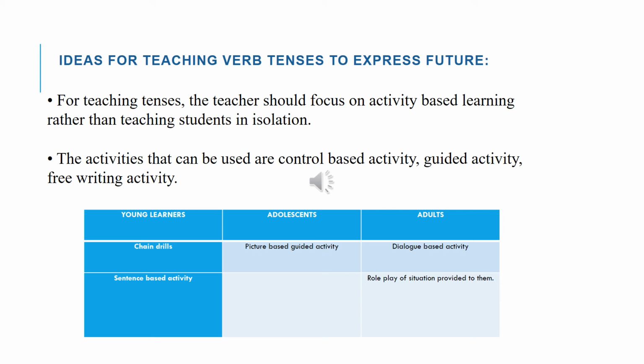So what the teacher can do is provide a verb to the student, or ask the students to give her a specific verb, and she can make a sentence out of it. Let's say a student comes up with the word teach, and she can make a sentence targeting the present simple tense, or the future simple tense, like I will teach you.